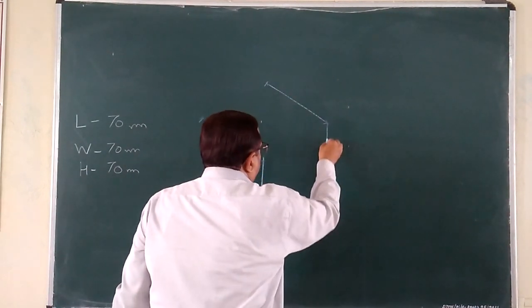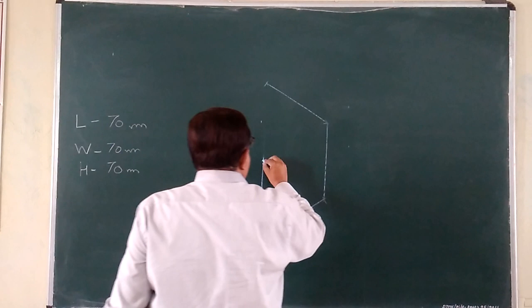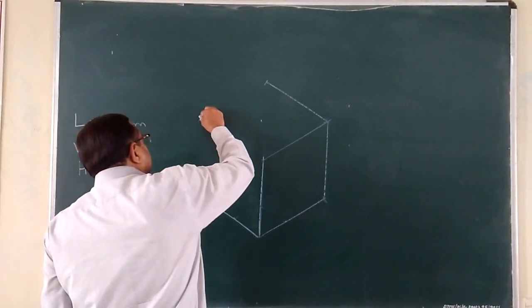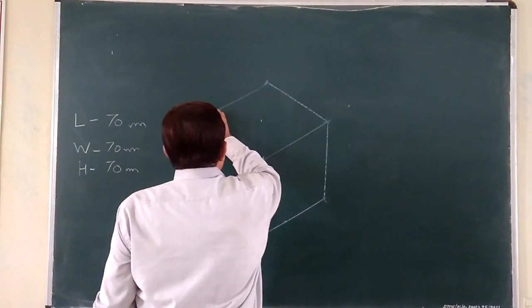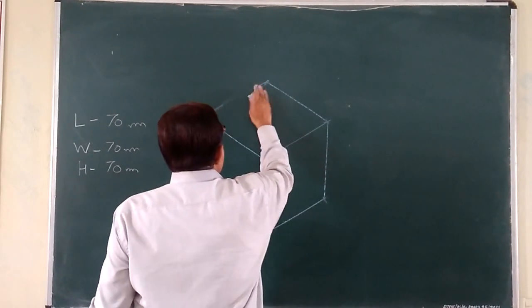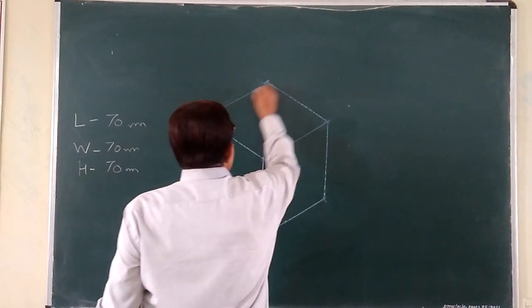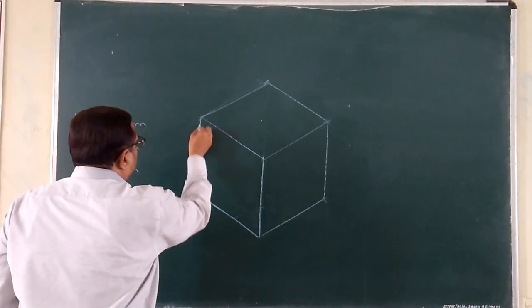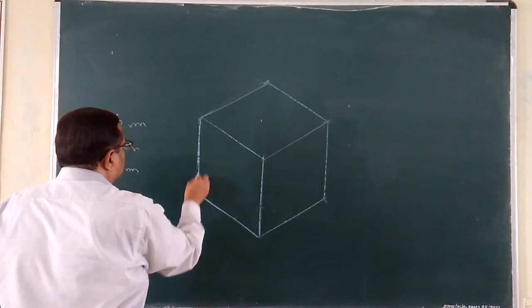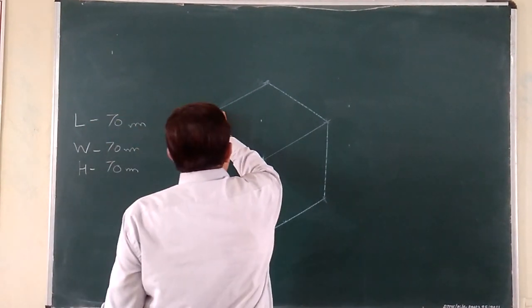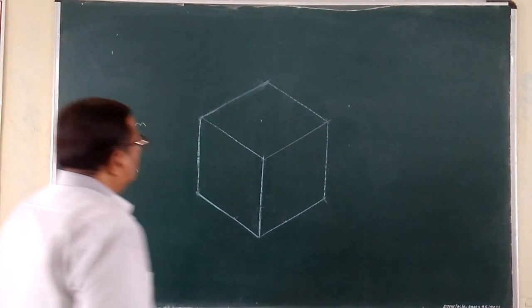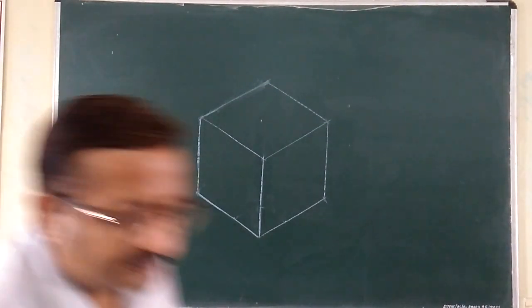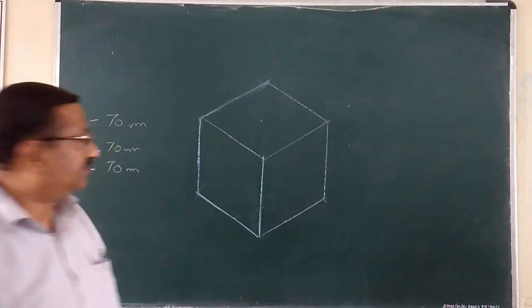Yes, vertical, parallel to right 30, similarly parallel to left 30, parallel to right 30, parallel to vertical, over, over. So this is the cube of 70 by 70 by 70.